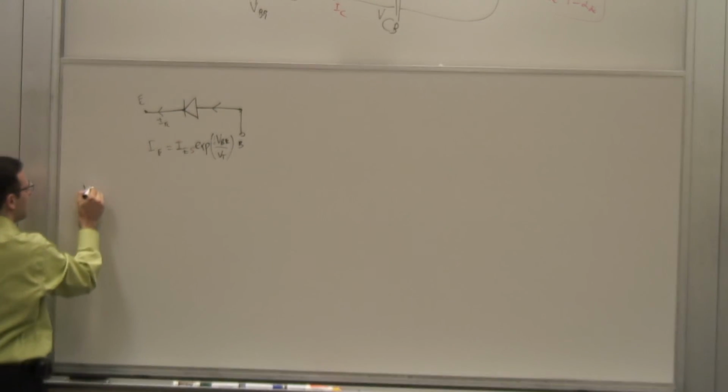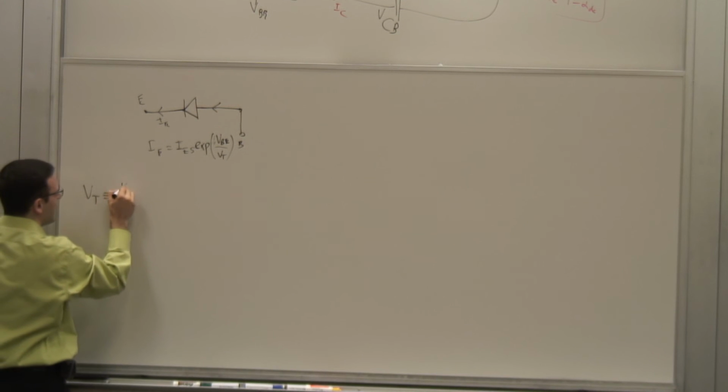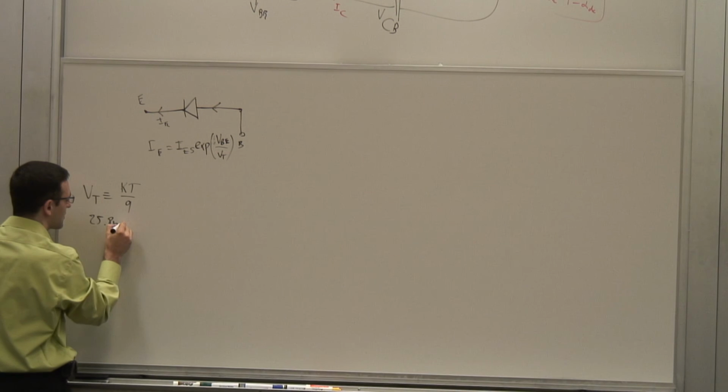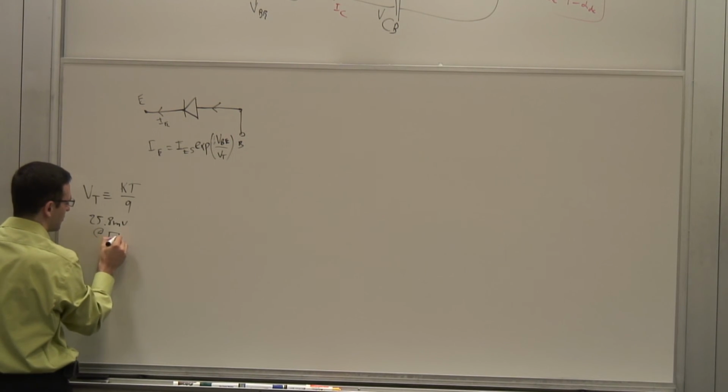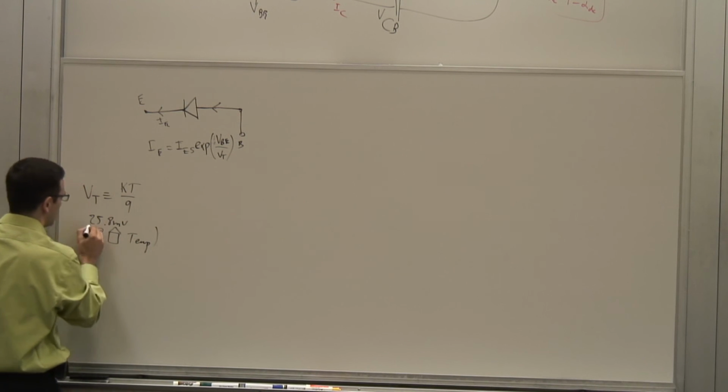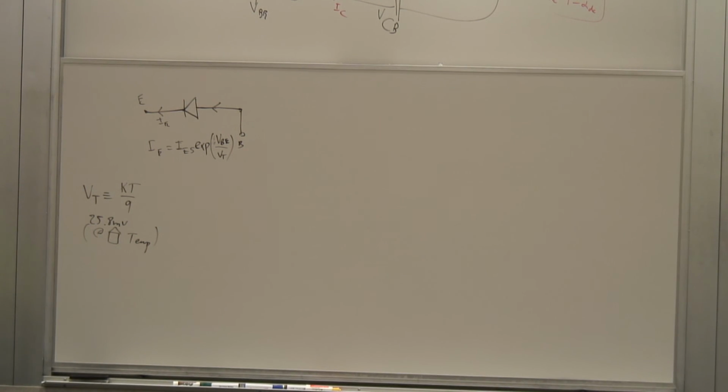Now, I'm defining VT as kT over q, which is about 25.8 millivolts at room temperature. Okay, so that's the diode.